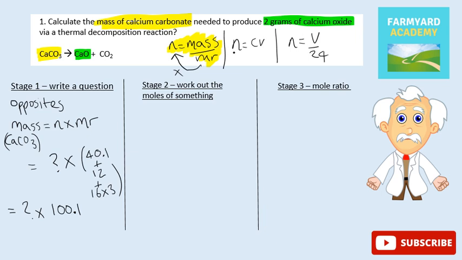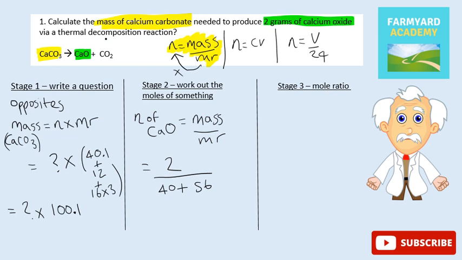Grams is a mass, so again we use n equals mass over Mr. So number of moles of calcium oxide equals mass divided by Mr. The mass of the calcium oxide is 2 grams, and the Mr of calcium oxide, again big numbers, is 40 plus 16, because oxygen's big number is 16.